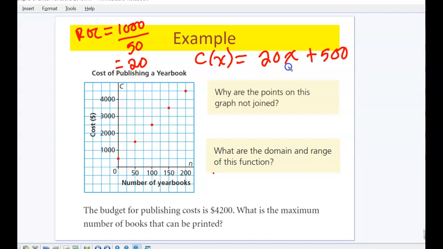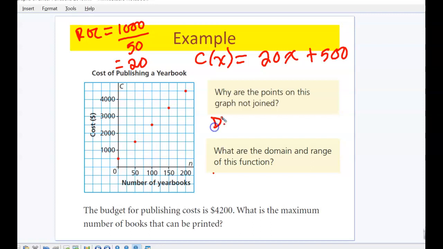Now, why are the points not joined in this graph? Well, they're not joined because you can't buy one book. You must publish. You probably have to produce books 50 at a time. When you're publishing, they won't let you publish one book. You have to publish them probably in sets of 50. What are the domain and range of the function?